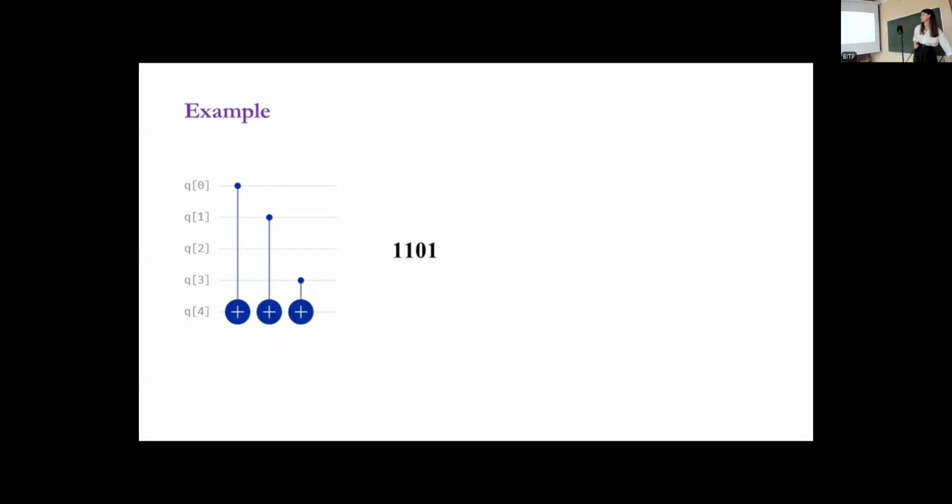So we have 1, 1, yes, because we have ones, therefore we have all these controlled NOT gates that act on this position. Then 0, therefore we skip this action, so qubit 2 is not controlling. And 1. This is the simple rule for how to create a quantum oracle for this algorithm.